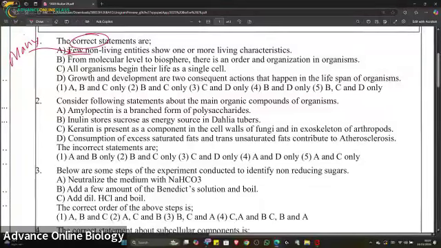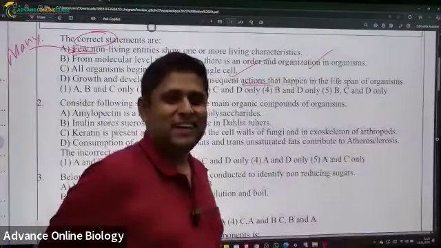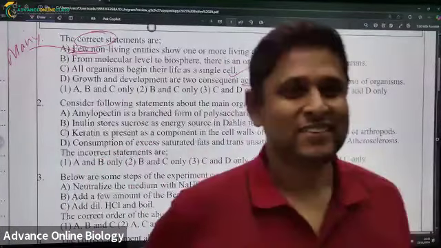So statement A is wrong. From the molecular level to the biosphere, there is an order and organization in organisms. Second is correct. All organisms begin their life as a single cell, correct? Growth and development are two consecutive actions that happen in the lifespan of an organism. Actions and processes, do you see any difference? A slight difference is there.